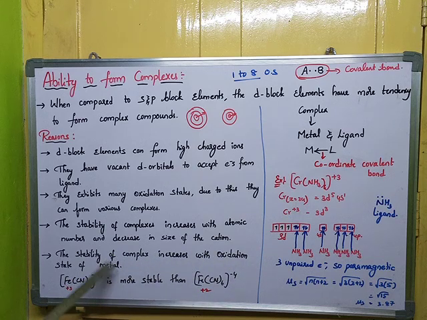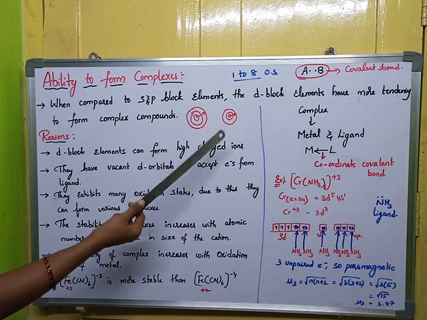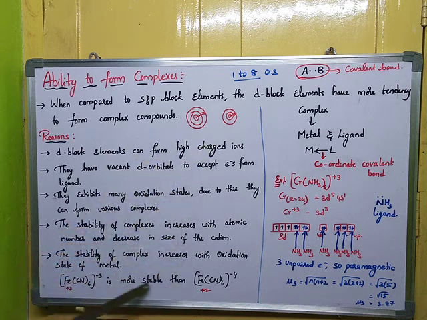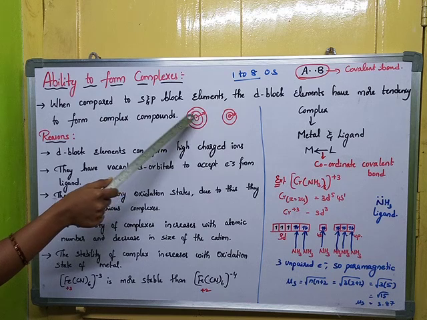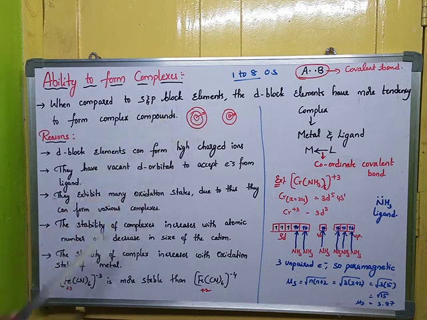When a metal has the highest oxidation state, it has more positive charge, so it can attract the electrons towards itself. You can see [Fe(CN)6]3- and [Fe(CN)6]4-. Calculating the oxidation state, you get plus 3 here, and for the other complex, you get plus 2. Plus 3 is more than plus 2, so whenever more positive charge is present on a metal, it will attract all electrons towards itself. So you can understand this point.